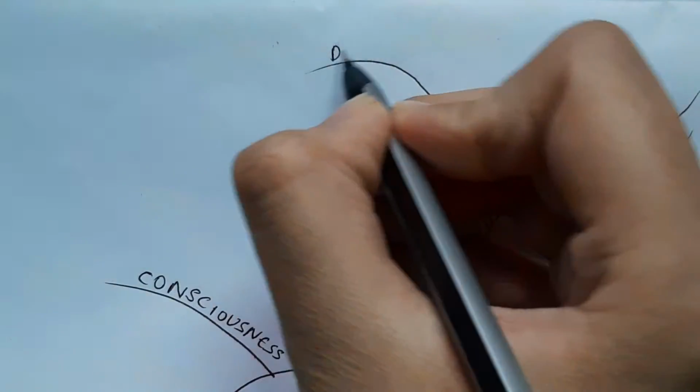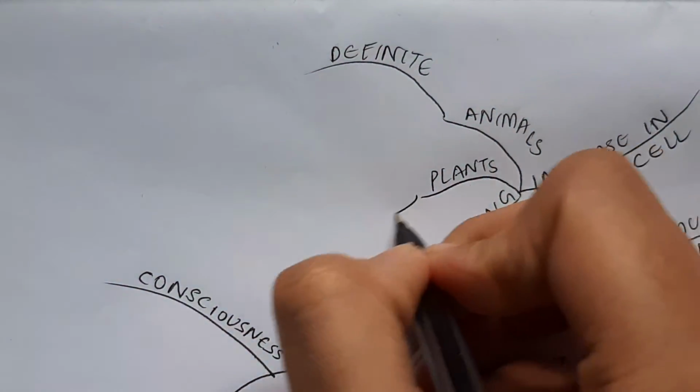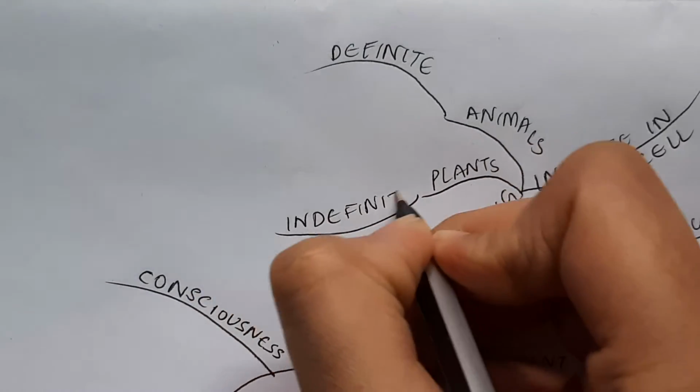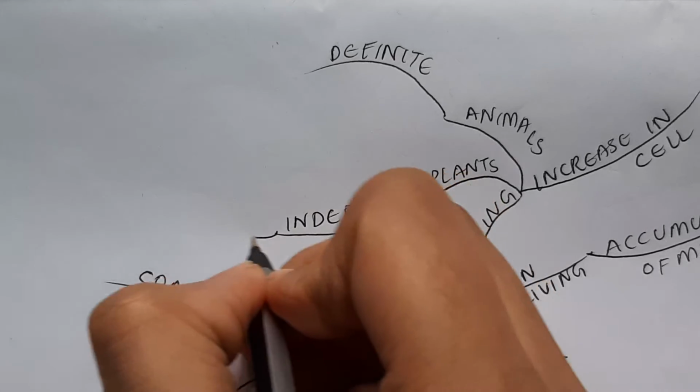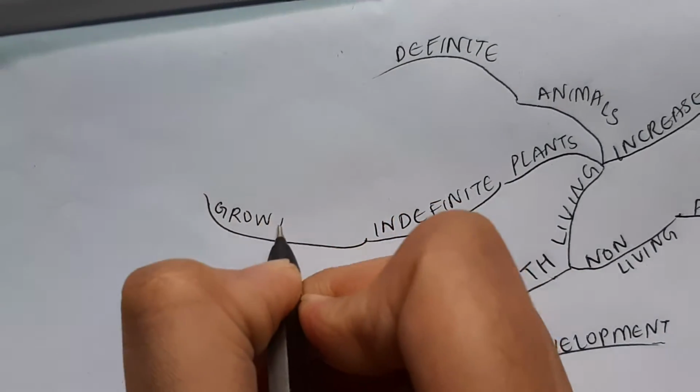The growth is definite in case of animals, while in case of plants it is indefinite, because plants grow all through their lifetime.